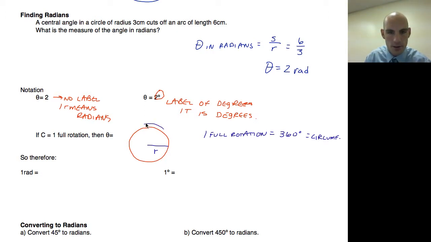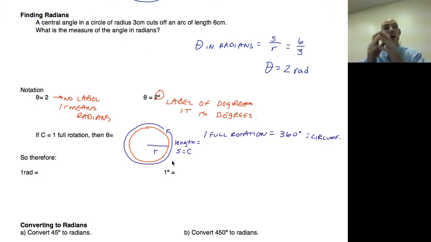Well, all the way around, the length S is equal to the circumference. So the arc length is the circumference because it's all the way around. So 360 degrees in radians is equal to circumference over radius.